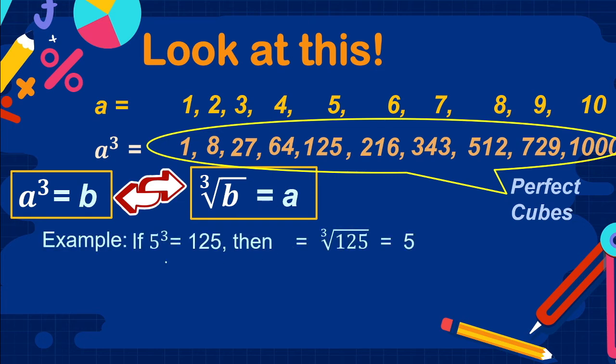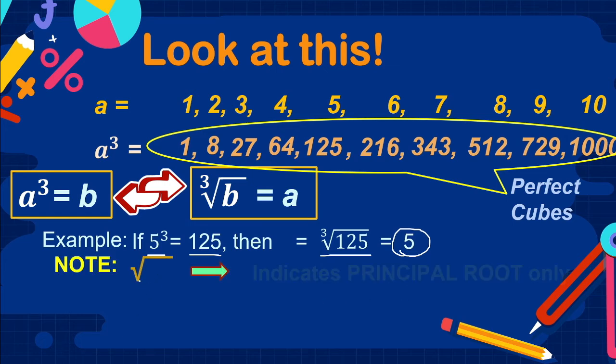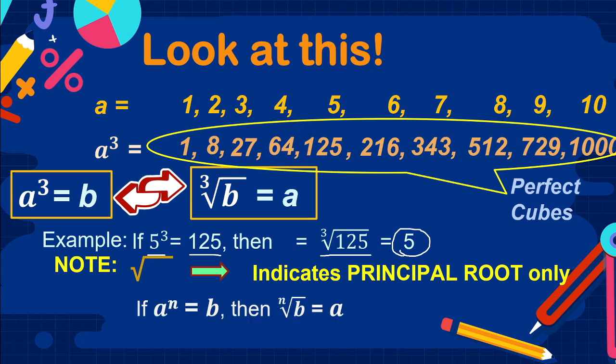For example, if b cube is equal to 125, then cube root of 125 is equal to 5. If we also get the cube root of 1000, the answer will be 10 because 10 times 10 times 10 is 1000. Note that this symbol indicates principal root only.